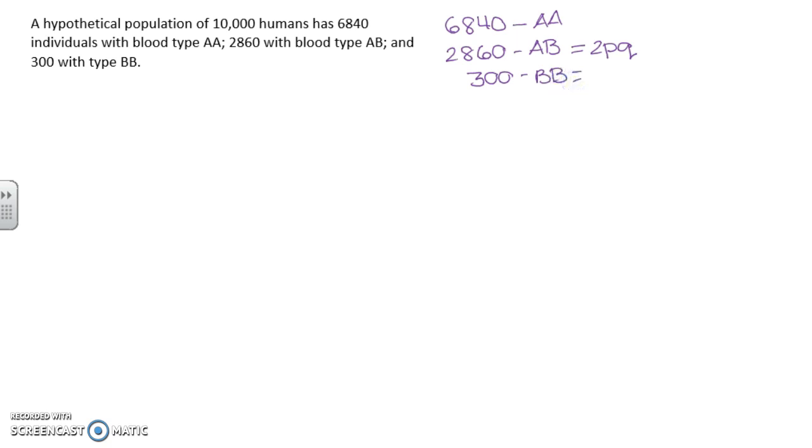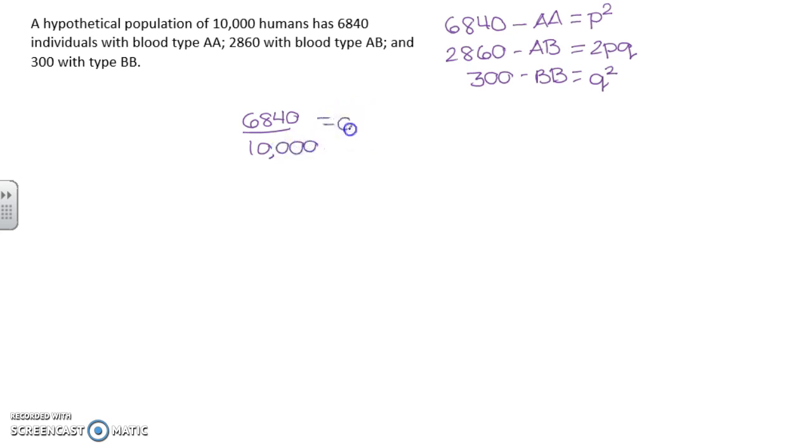So which ones do you want to assign as the dominant or the recessive? It doesn't matter. Just make sure you clarify. So I'm going to use A as the dominant and B as the recessive, even though we know this is a codominant. And since all of these numbers add to 10,000, it's easy for me to find this by simply doing the following. 6840 divided by 10,000.